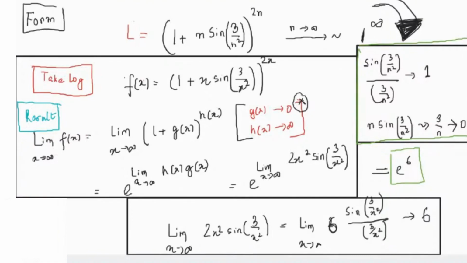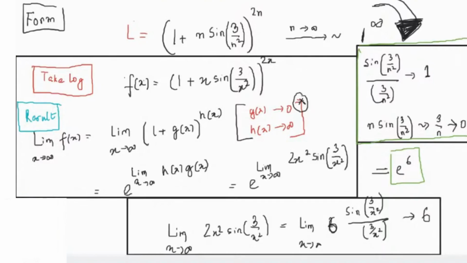And if 3 by n square goes to 0, then sine 3 by n square by 3 by n square will go to 1, because sine x by x goes to 1 as x tends to 0. It's a subsequence of that function. So n times sine 3 by n square will behave like 3 by n, which will go to 0. That's the basic idea.